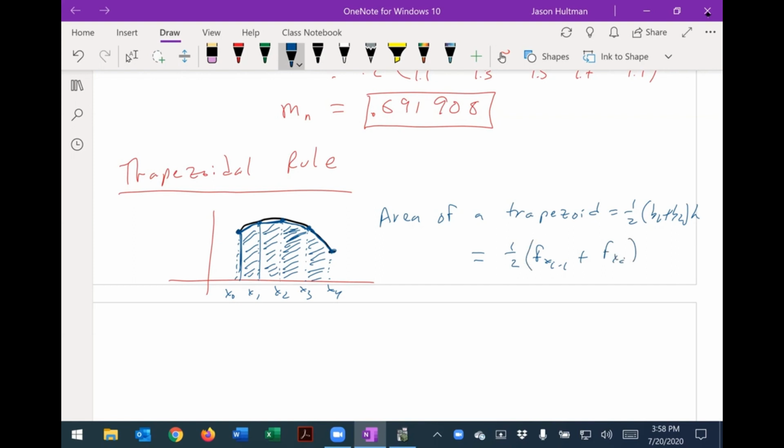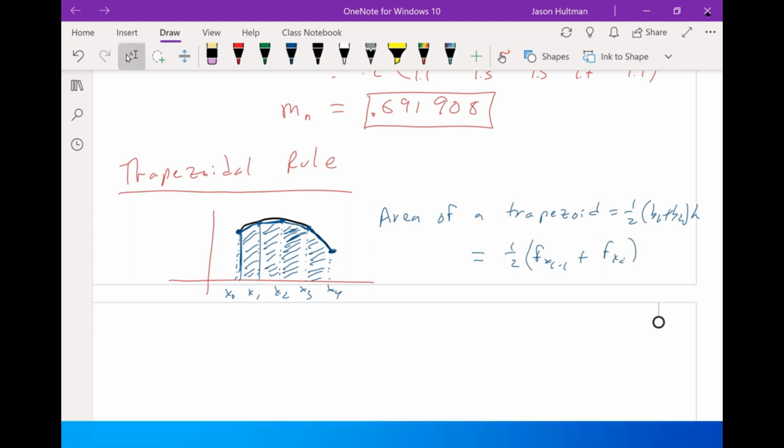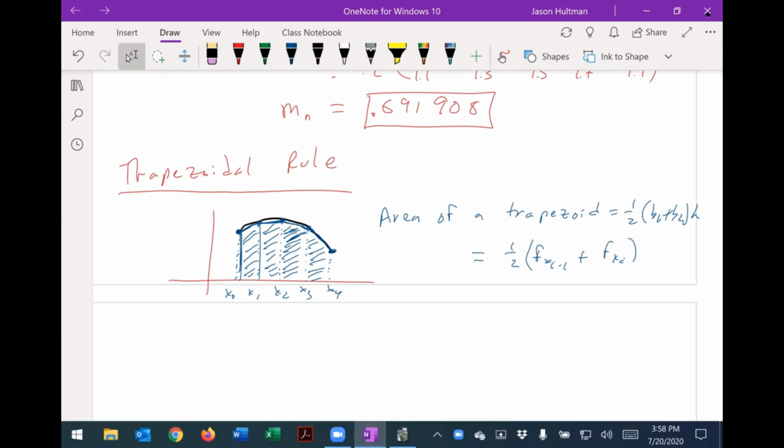The height of the trapezoid is really delta x. If I were to flip that trapezoid on its side, then the height of the trapezoids are always the same.